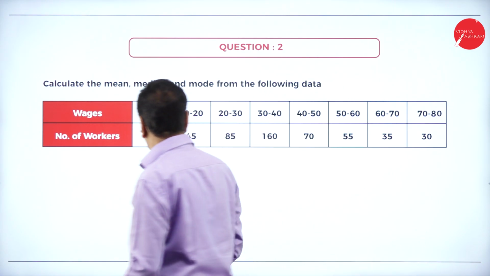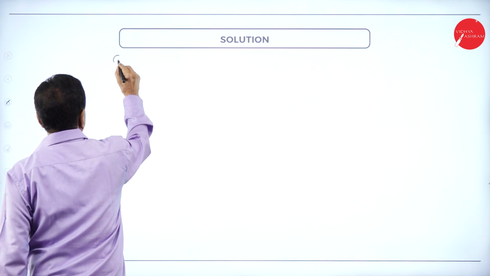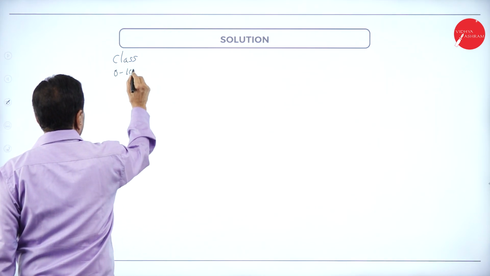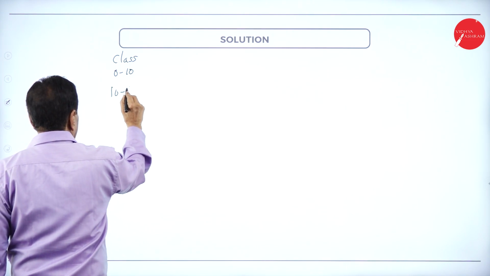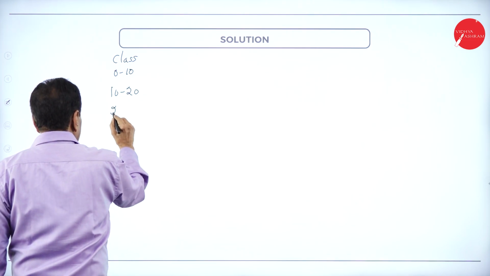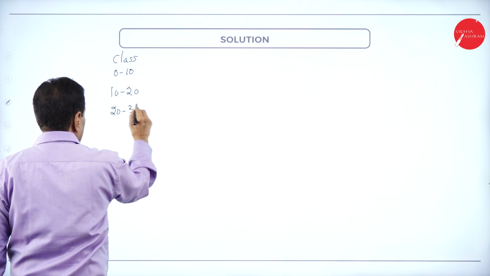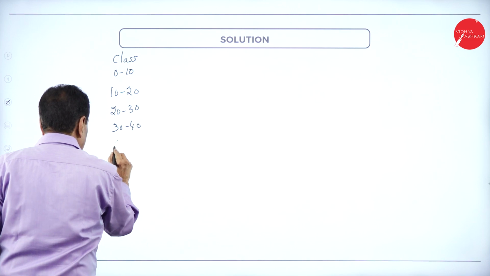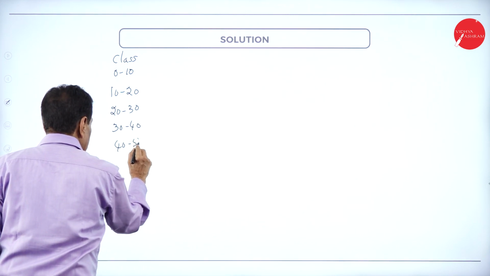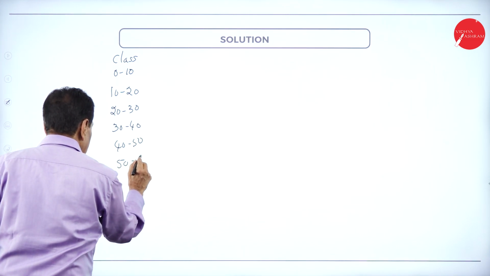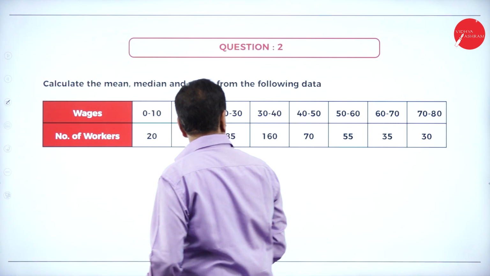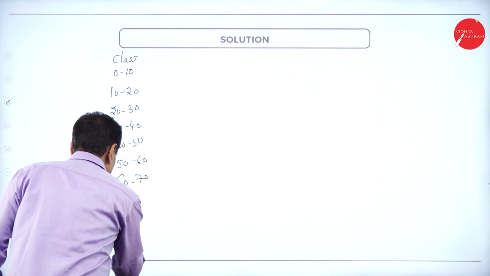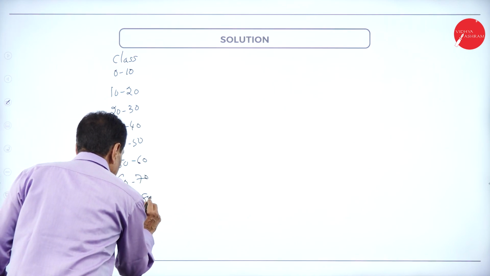We move on to the problem now. Class: 0 to 10, 10 to 20, 20 to 30, 30 to 40, 40 to 50, 50 to 60, 60 to 70, 70 to 80.